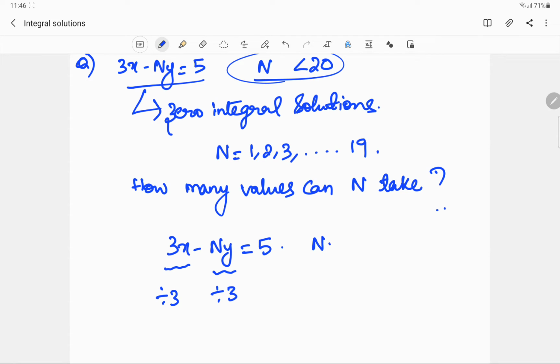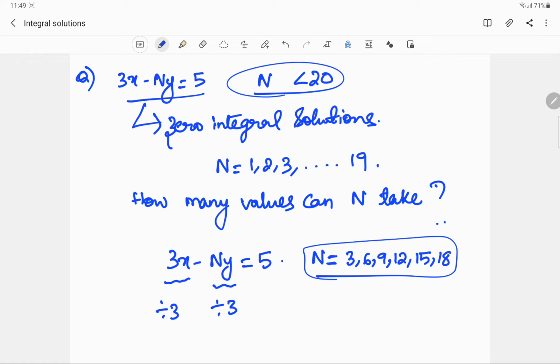So the value of n can be multiples of 3: 6, 9, and then it can take 12, 15, 18. So these are the values which n can take.